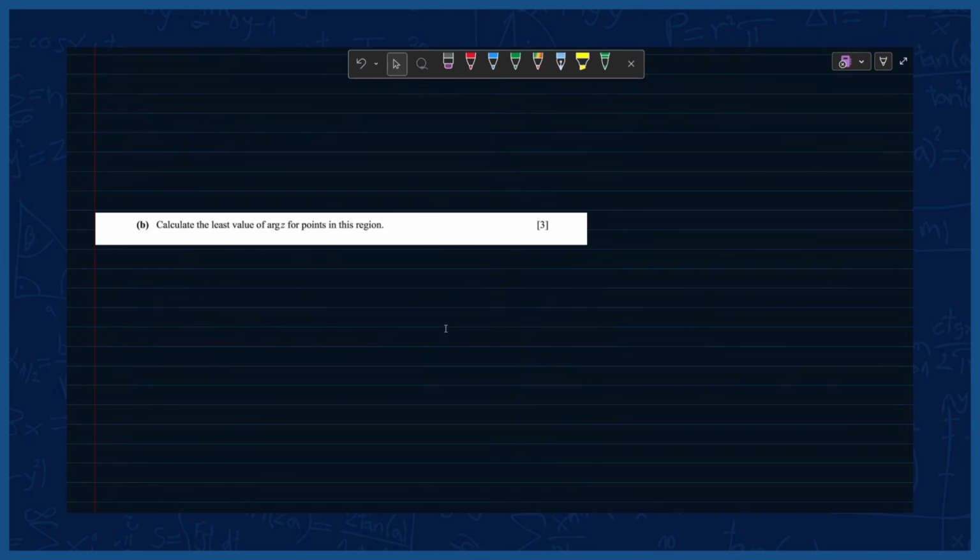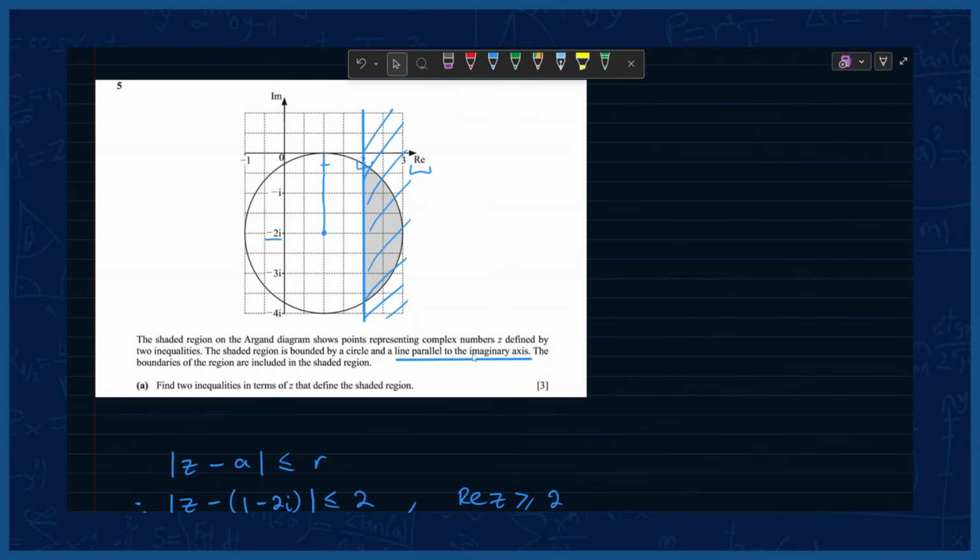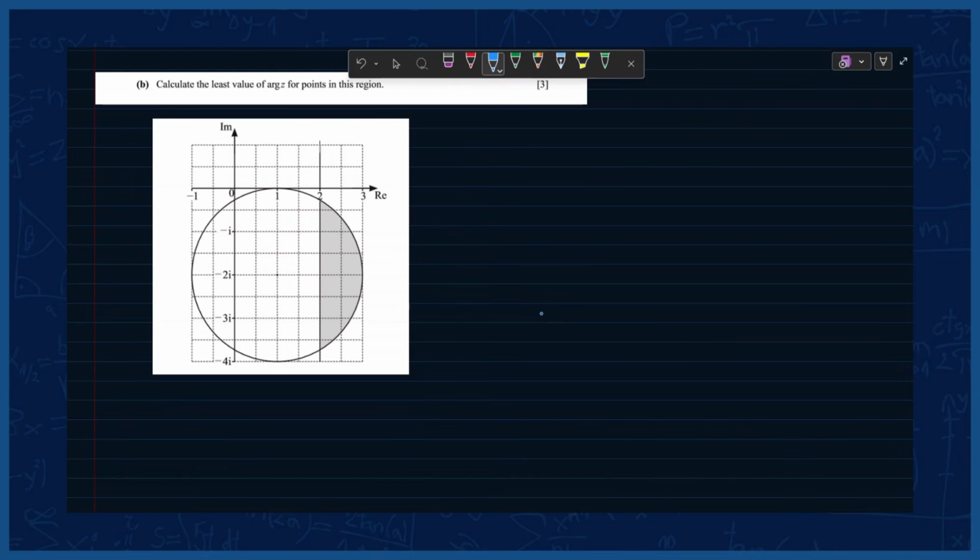Part B says calculate the least value of arg z for points in this region. Okay, so let me erase that and then we can copy our diagram. So remember, argument is the angle formed between the positive real axis and whatever your complex number is.